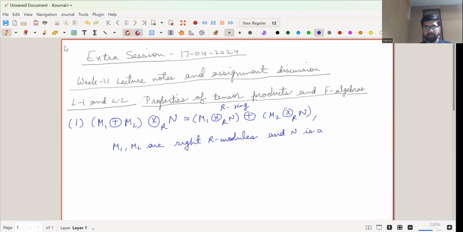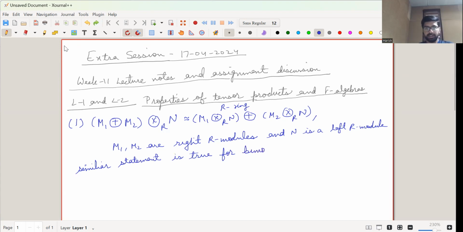So you can see that the tensor product is distributive over the direct sum, and a similar statement is true for bimodules. If M1, M2 are bimodules and N is also a bimodule, then this will hold.